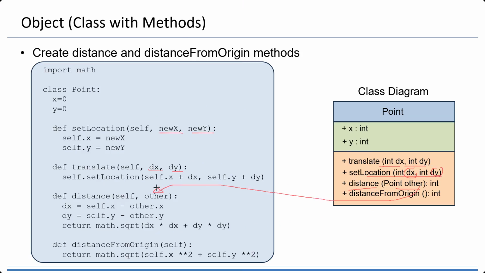Other means we want to get the other point, or we want to get the other object. And distance from origin. Distance from origin means a distance to 0,0.